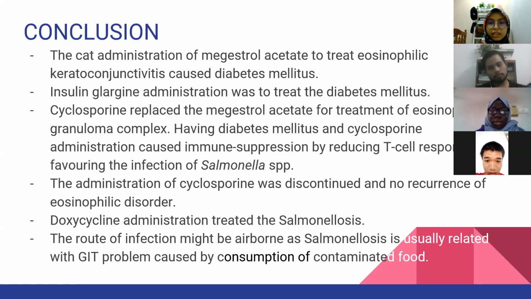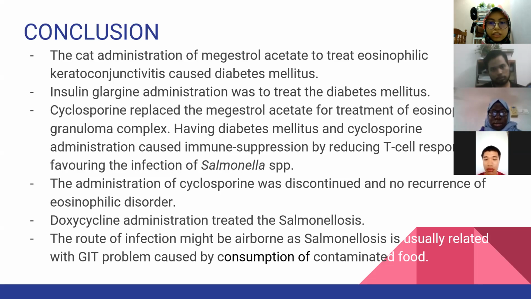This megestrol acetate was to treat eosinophilic keratoconjunctivitis, a disease the cat had previously before it came in with the stud breeding and all. This megestrol acetate causes diabetes mellitus. So the diabetes mellitus was treated with insulin glargine. When the diabetes mellitus had healed, cyclosporine replaced the megestrol acetate for treatment of the eosinophilic granuloma complex.